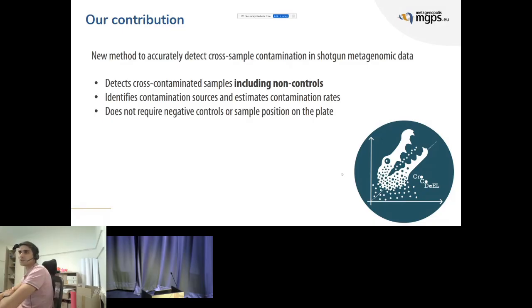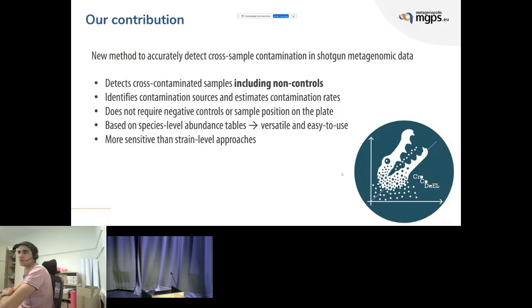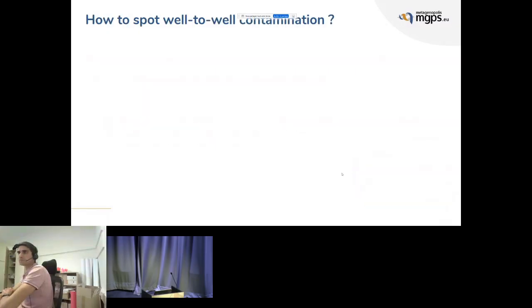As I said, it does not need negative controls, and you do not need to provide external metadata such as the sample position on the plates if you work with plates instead of individual tubes. And it's based only on species abundance tables, so you can use it easily with your pipeline and you don't need to do a lot of changes. And finally, it's way more sensitive than strain-level approaches.